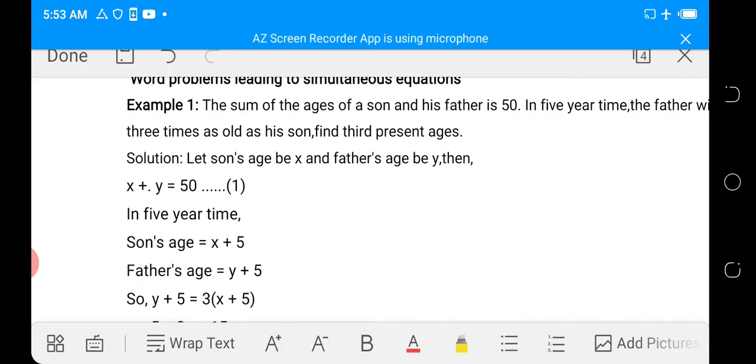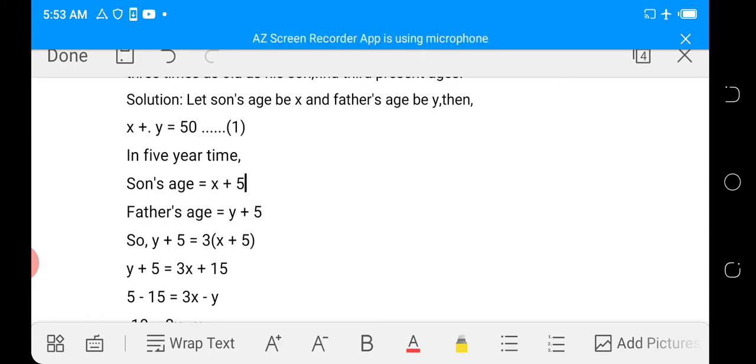And the father's age, which is presently Y, in 5 years' time is going to be Y plus 5. Therefore, in 5 years' time, the father's age, which is Y plus 5, is going to be 3 times the son's age, which is X plus 5. And that gives us the second mathematical expression. So Y plus 5 is equal to 3 into bracket X plus 5.